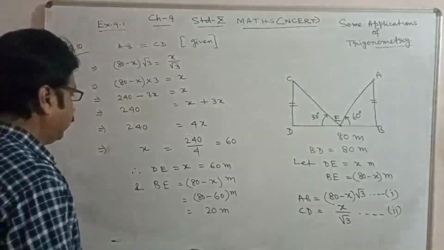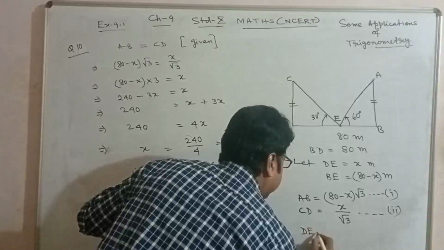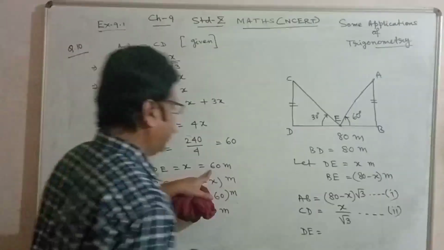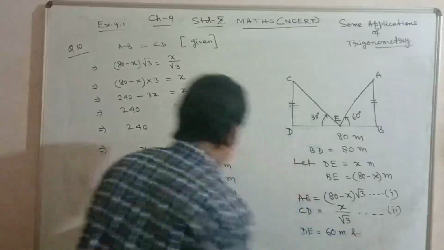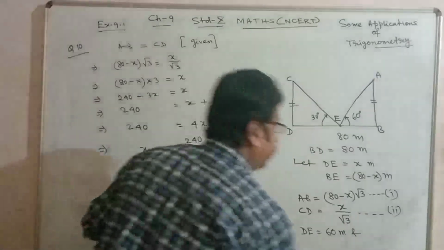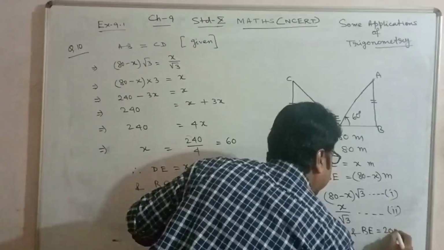So we got DE equals to 60 meter and BE equals to 20 meter.